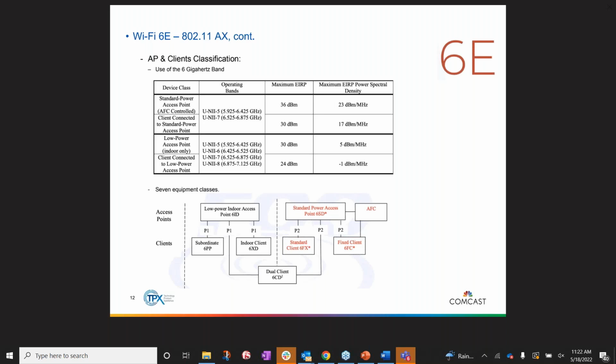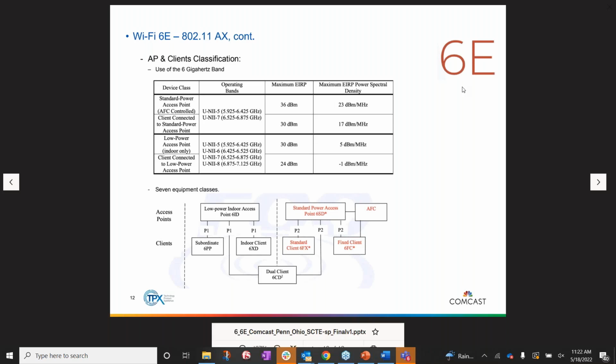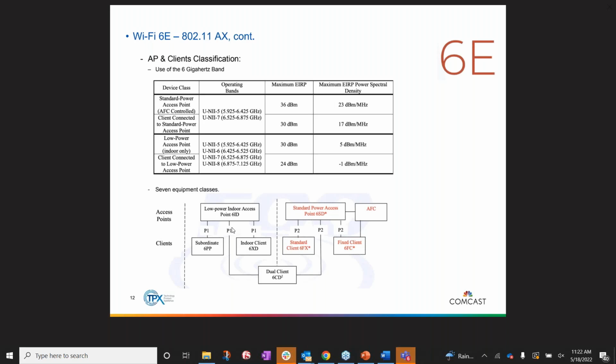And next we have the equipment classes here. So low power indoor and standard power access points. Which clients can be connected to LPI or standard power? The first is the subordinate client device.